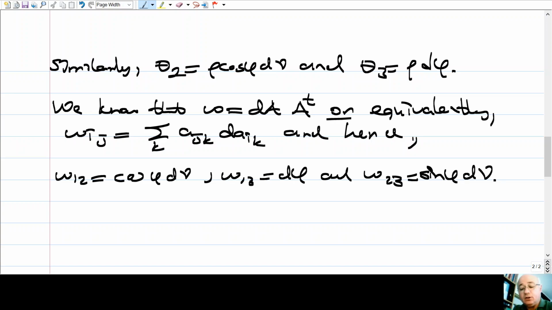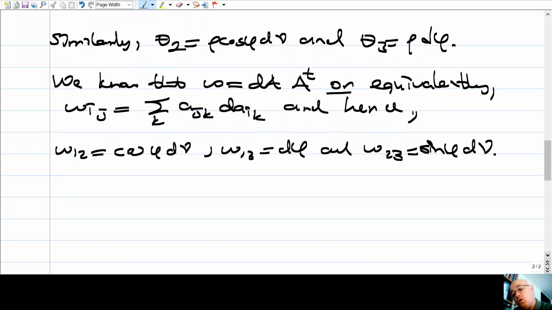The other terms: since this is skew symmetric, omega 2 1 is just minus cosine phi d nu, and similarly for the other ones. So we have now computed the matrix of omega ij's.